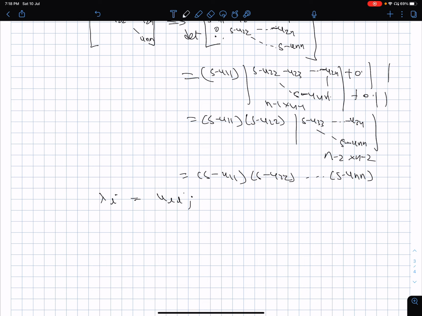Therefore, the same thing should come true if you have a lower triangular matrix.